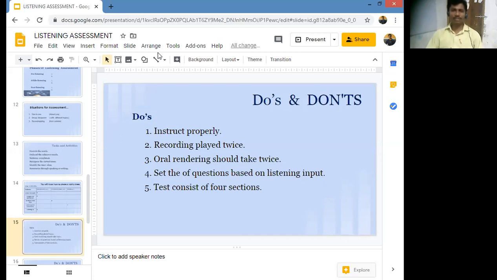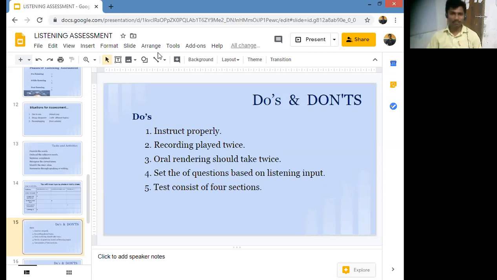If they are from the first or second standard, then try to play it two or three times. In the post-listening session, there is a set of questions based on the listening input. While having the set of questions, try to keep them objective.